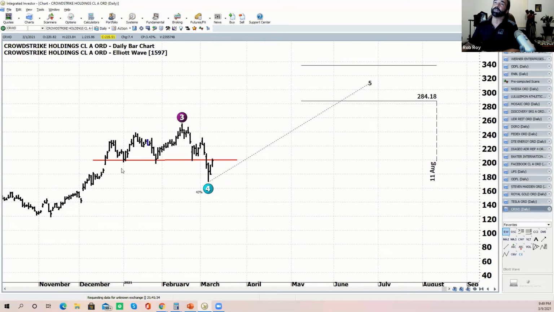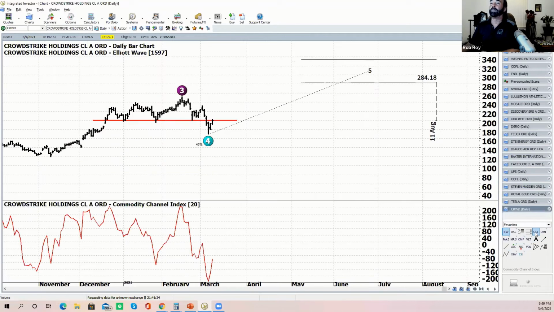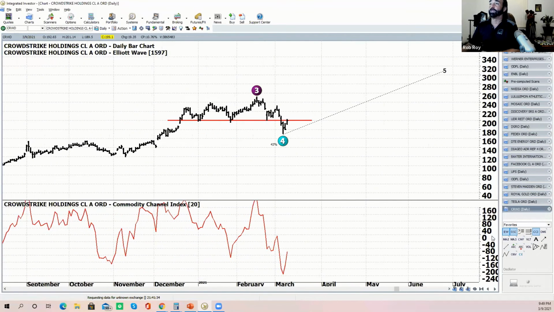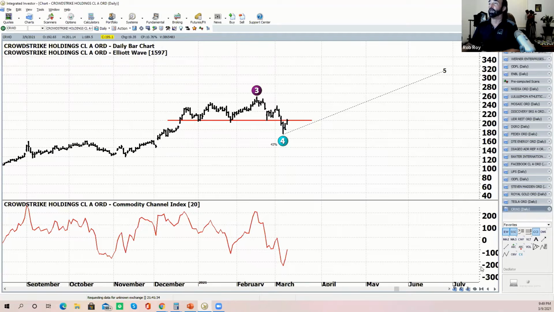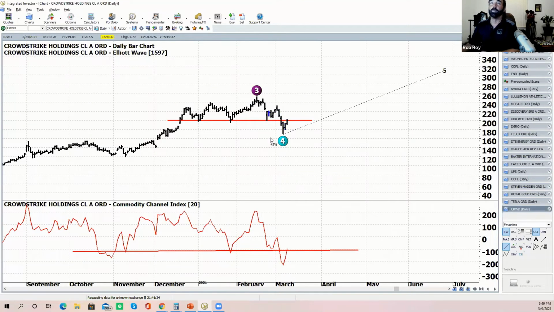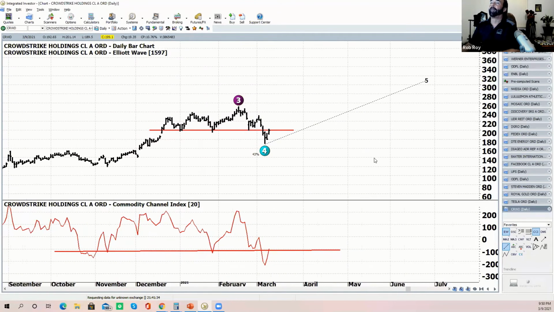So we got to get back above 200 on CrowdStrike to be considering anything. Now we are coming off some pretty low levels. If you go back and look at the CCI down in through here had been low, and we got much below that. So we were really oversold from a historical standpoint on CrowdStrike, but it's got to break back above 200 and follow through on that.